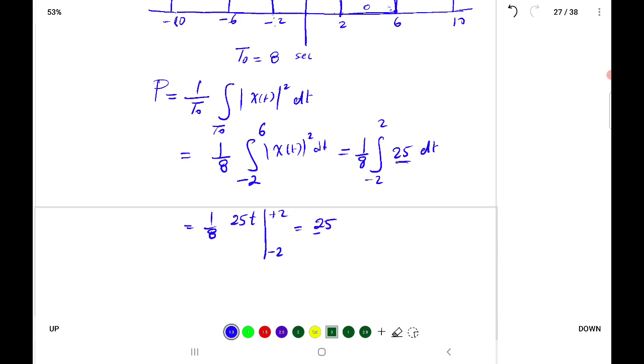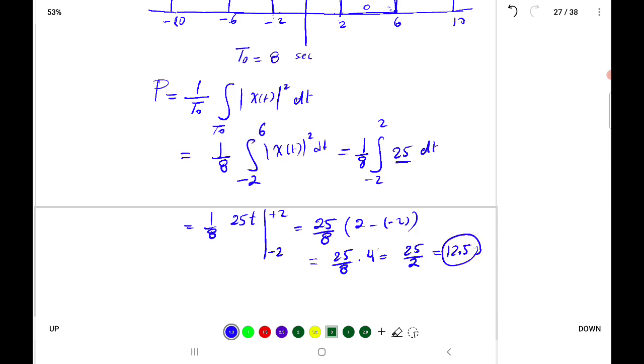You have 25 over 8, and t, you substitute one time by 2, one time by -2, so you got 25 over 8 times 4. 4 divided by 8 is 1 over 2, so 25 over 2. So you got the power equal to 25 over 2, which is equal to 12.5.